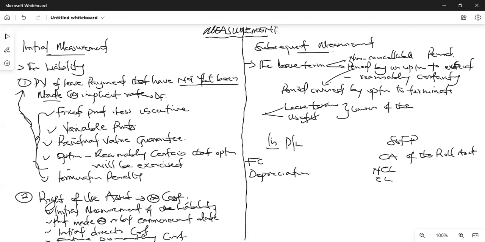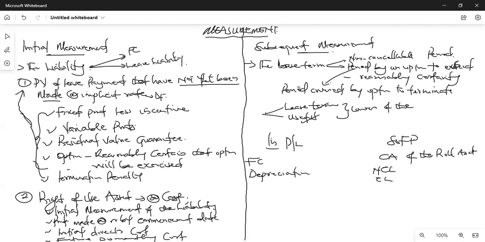So the initial measurement of the liability is what we have, but the subsequent measurement of the liability is the finance cost that will be debited to P&L. And don't forget, we have the lease liability. Those are the subsequent measurements.